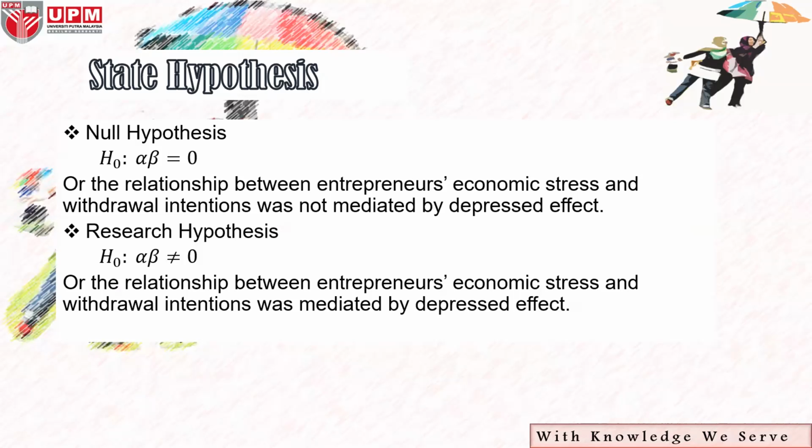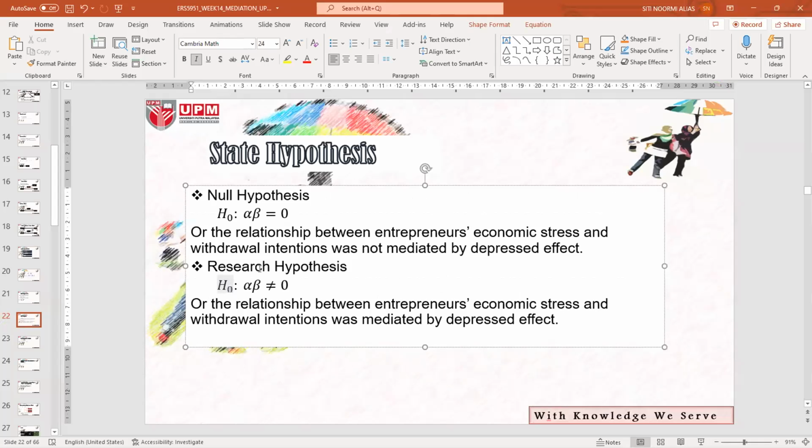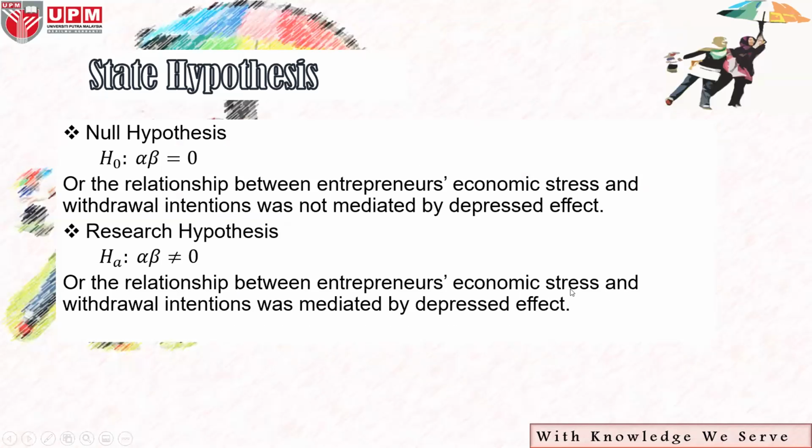Okay, kalau you all nak guna the statistical form, then H0: alpha beta equals 0, or HA: alpha beta not equals 0. Or okay, we can say that the relationship between entrepreneur's economic stress and withdrawal intention was not mediated by depressed effect, or our research hypothesis: the relationship between entrepreneur's economic stress and withdrawal intentions was mediated by depressed effect. Ini contoh.